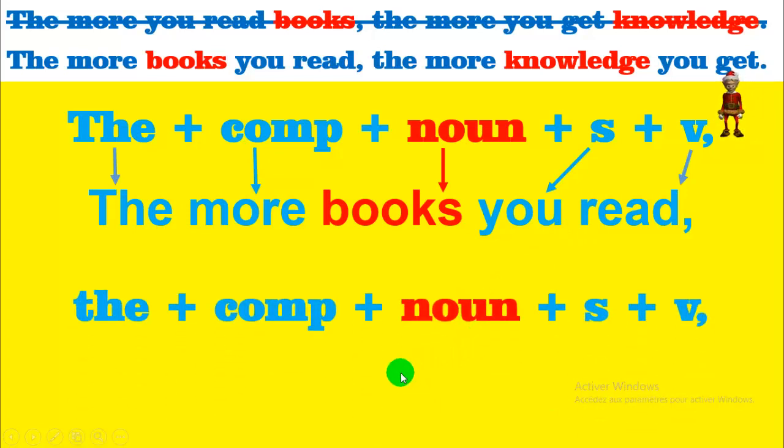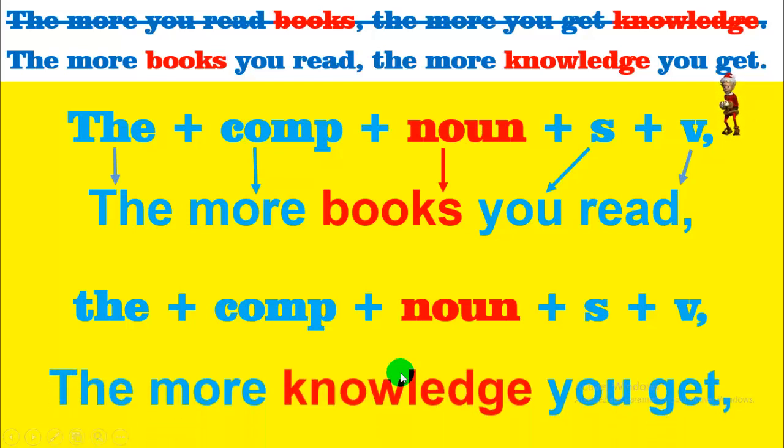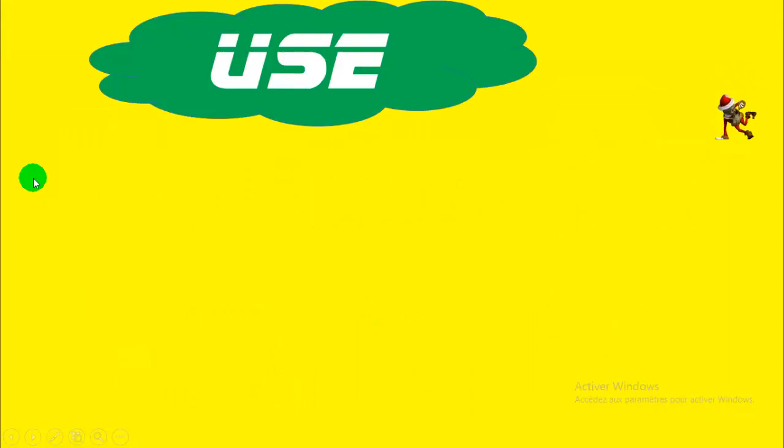The comparative plus noun plus subject plus verb. The more knowledge you get. Don't say the more you get knowledge. It's okay, guys? Come on. The comparative, noun, subject, verb. Wonderful.